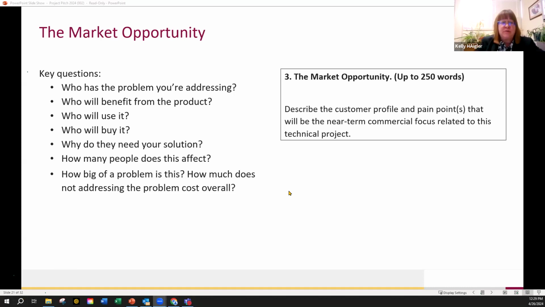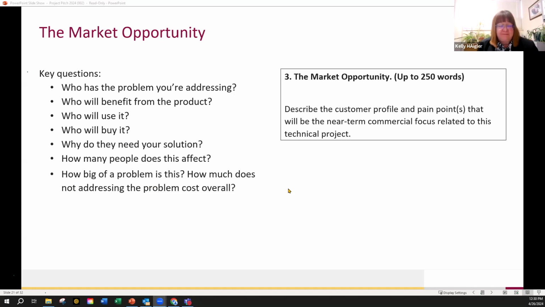Who will use it? Who will buy it? Why do they need your solution? How many people does this affect? How big is the problem? It's important to think about answering these, and also to remember that these are just your projections at this point in time. If you need to pivot later on, you certainly can as you move forward with your Phase 1 proposal.